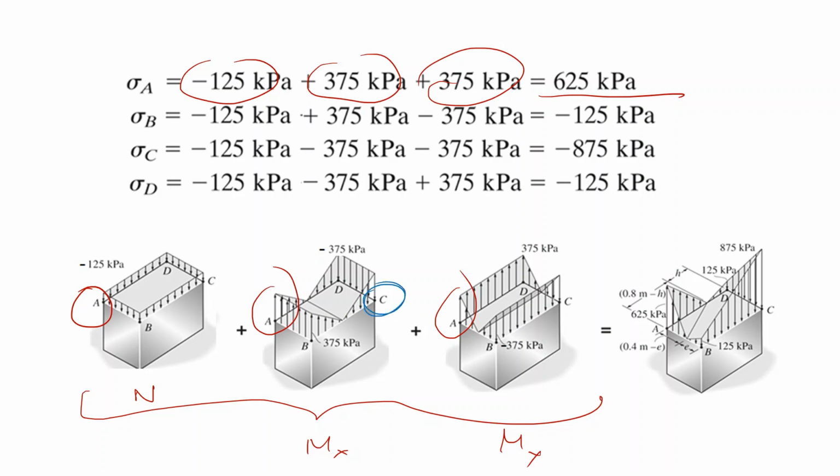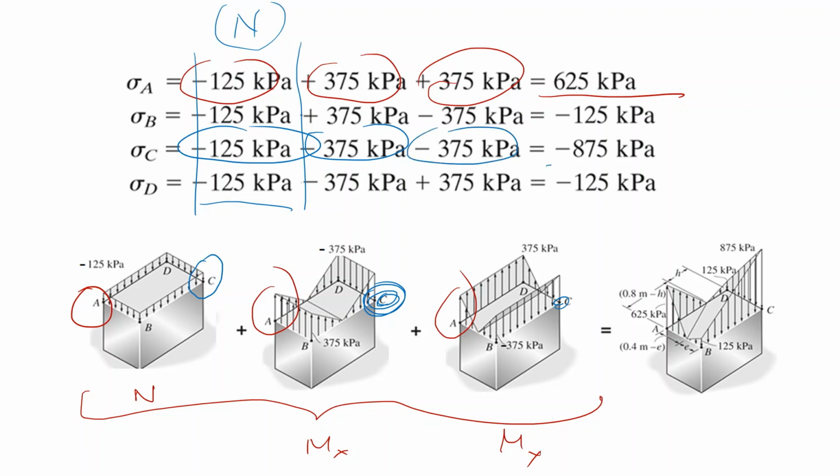Let's take another point. Let's take C. In C, I have again a negative. You see the distribution of the normal stress due to the normal force or axial force is uniform. So again, in C, I have minus 125. Here I have minus, as you see. Here I have again a minus, and the total is minus 875.